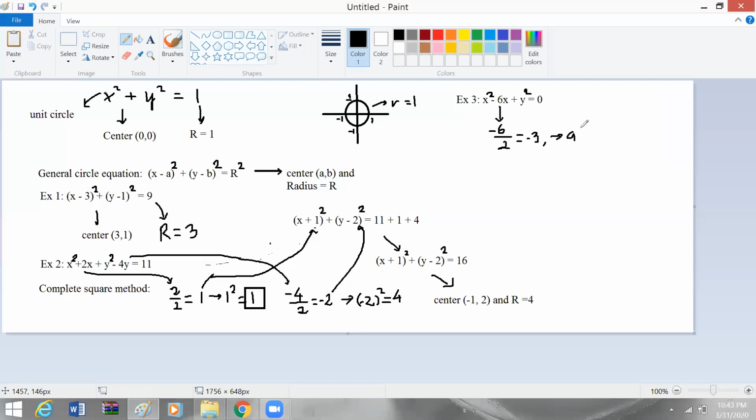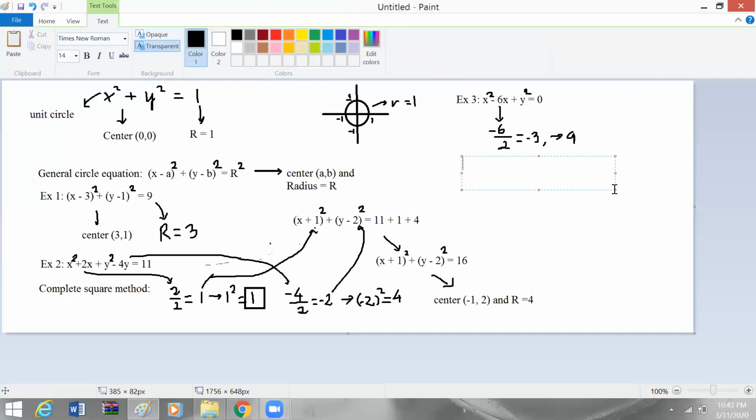In other words, we're going to rewrite the equation with respect to the square of x and square of y equal to r squared. So the entire equation will be x minus 3 squared plus y squared equal to 0 plus 9, which is 9.